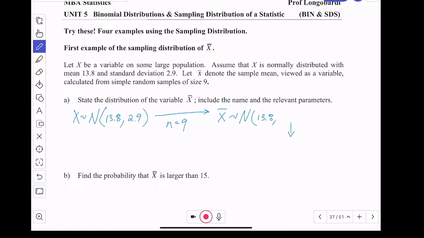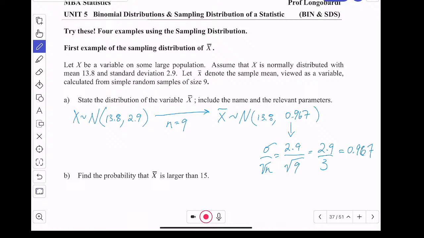So that would be sigma over root n, sigma over square root of 9, which is 0.967. So my original values have 1 decimal place, so I'm going to keep 2 extra. That's my rule.